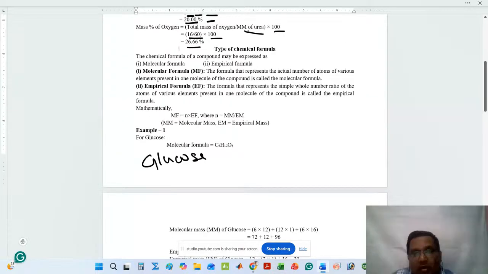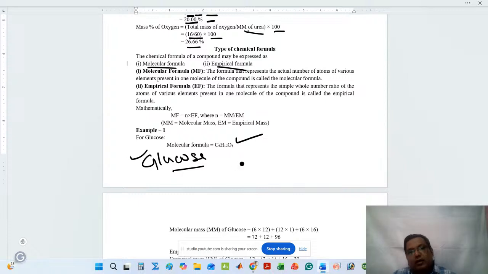Here, the topic is types of chemical formula. Generally, the chemical formula of a compound may be expressed as a molecular formula or an empirical formula. One is the molecular formula, another is the empirical formula. Suppose I take a compound, glucose. Here, I can say that the molecular formula is C6H12O6.